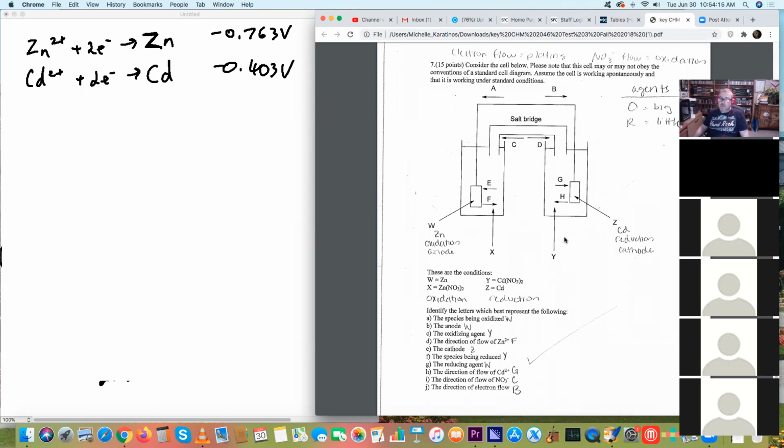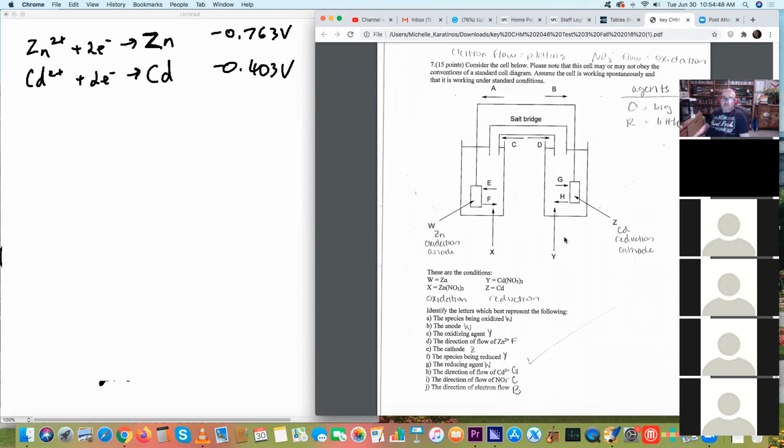Secondly, you're assuming that the cell is working spontaneously. What that means is that it must be creating a voltage, and the only way it can create a voltage is if that voltage is positive. So the idea here is you look at the two voltages you've got and ask yourself: which one of these has to flip around so that when you add these together, you get a positive value, a plus voltage?